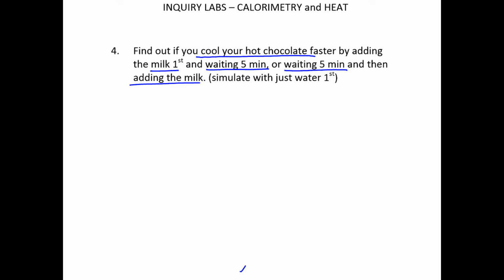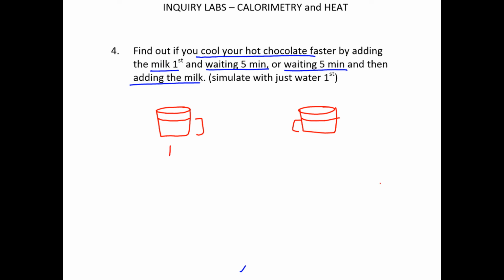So what you need to do is figure out, how am I going to test this out? I'll just give you the quick version of the picture, but this is something you should really be able to figure out yourself. So here's your hot chocolate, which is really just hot water for now. In an experiment, of course, you only want to have one variable. So you're going to need the same amount of hot water in each of these.